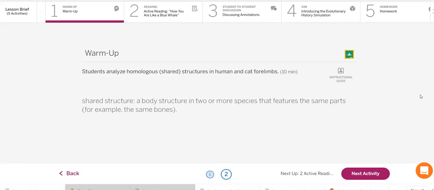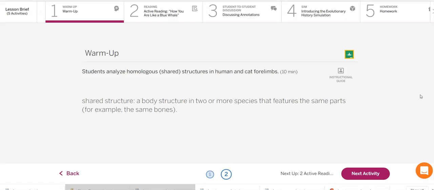The other word, I remember where I saw it, here you go, is shared structure. Go ahead and write this one down as well. A shared structure is a body structure in 2 or more species that features the same parts, for example, the same bones. In different types of species, you could have cats and dogs. Those are 2 different species, but they might have shared structures, right? If we looked at their bones, they might look very similar.